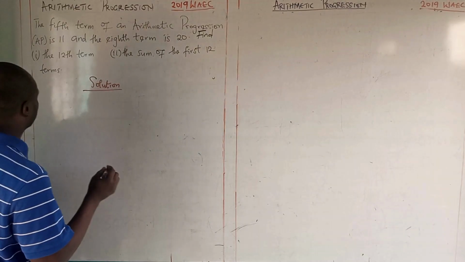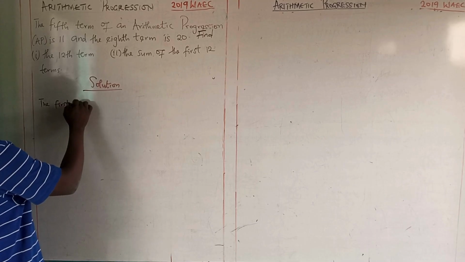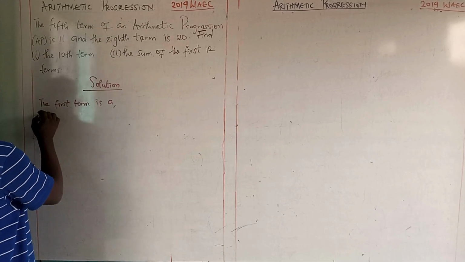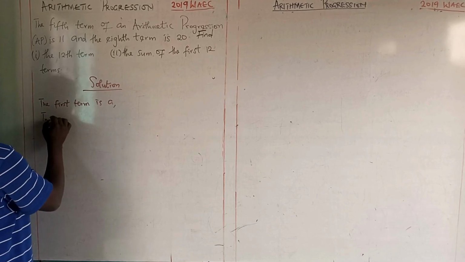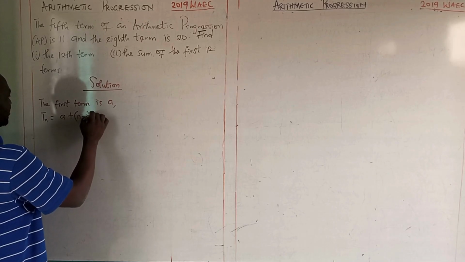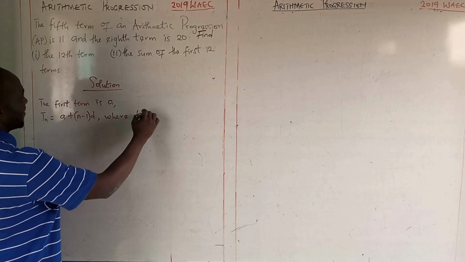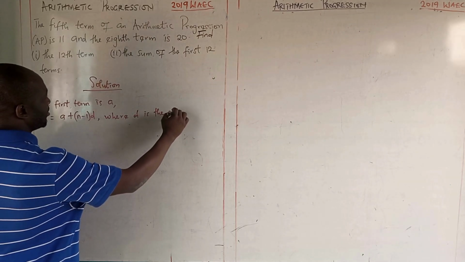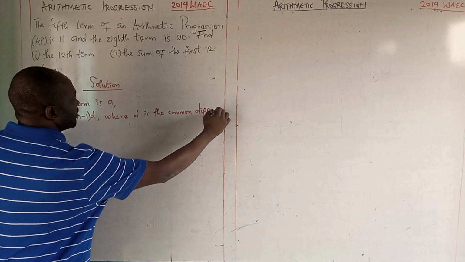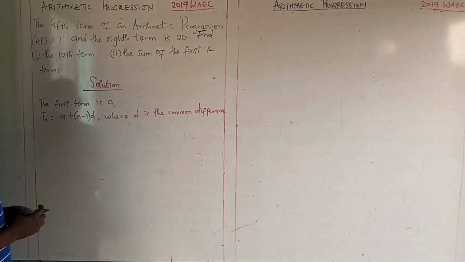Now, recall, the first term is A, while the nth term, Tn, is A plus (n minus 1)d, where d is the common difference. Right?